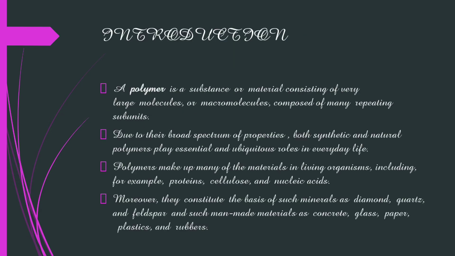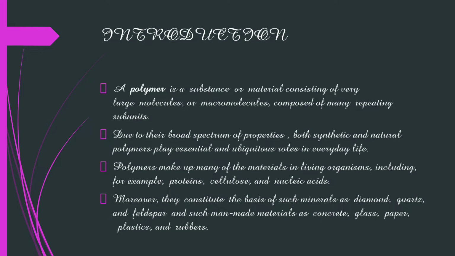Introduction. A polymer is a substance or material consisting of very large molecules, or macromolecules, composed of many repeating subunits. Due to their broad spectrum of properties, both synthetic and natural polymers play essential and ubiquitous roles in everyday life.